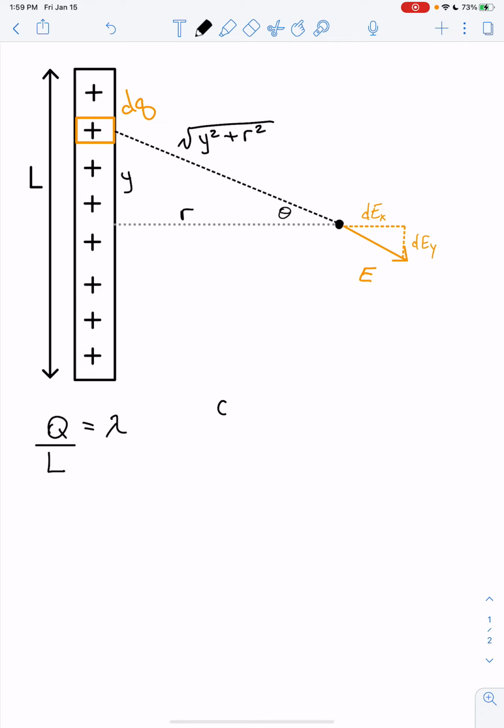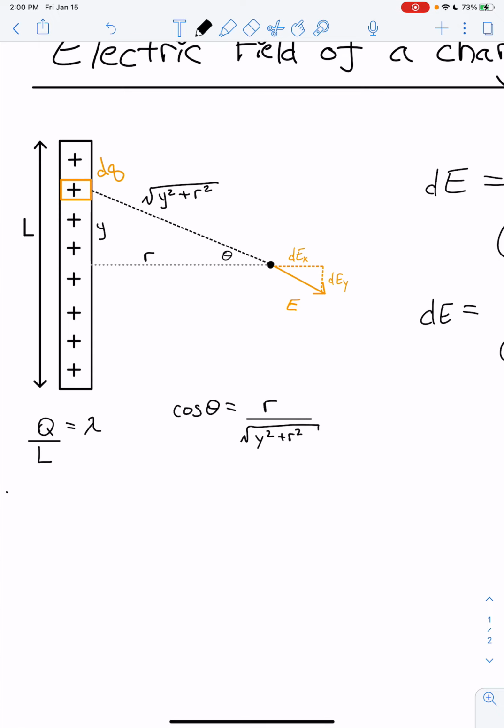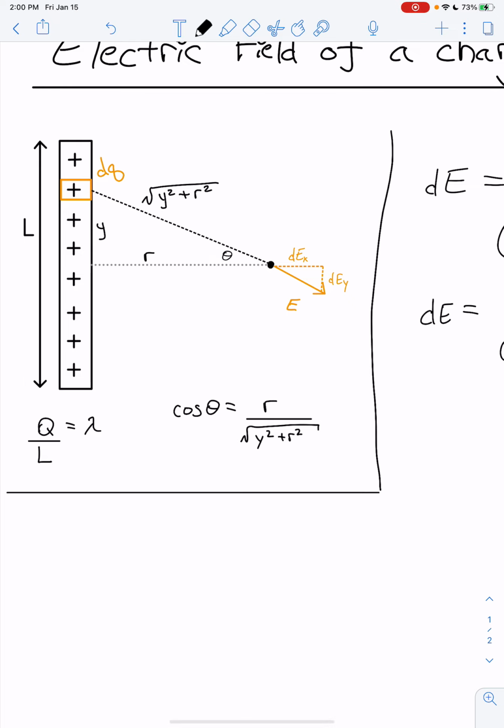So our cos theta is going to be equal to r divided by the square root of y squared plus r squared. Okay. And I'm just going to wall this off a little bit, keep things nice and organized.